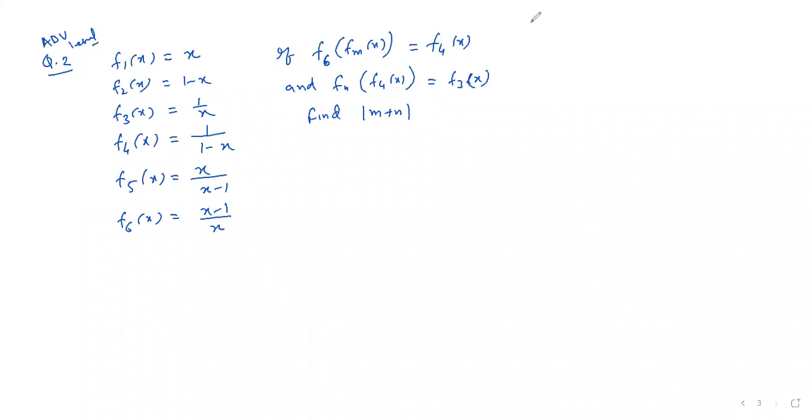I'm writing another question for homework that is also advanced level. fx is equal to ax plus b. gx is equal to bx plus a. a, b belongs to the set of natural numbers.